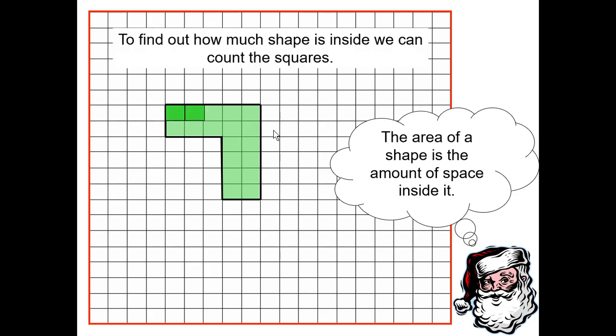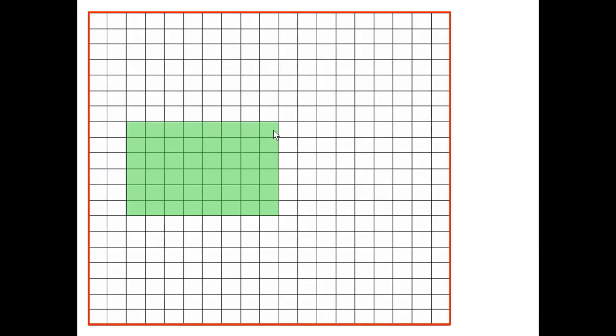That is 1, 2, 3, 4, 5, 6, 7, 8, 9, 10, 11, 12, 13, 14, 15, 16, 17, and 18. So those are 18 squares, and the length of the side of each square is 1 centimeter. So the area of this shape will be 18 centimeters squared.